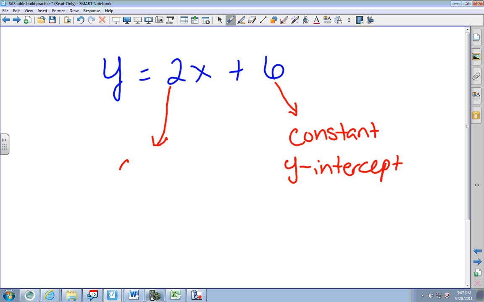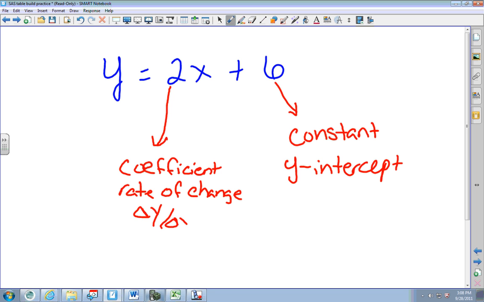This number right here is my coefficient. It is also my rate of change. It is also delta y over delta x. It is rise over run. It is also called my slope.